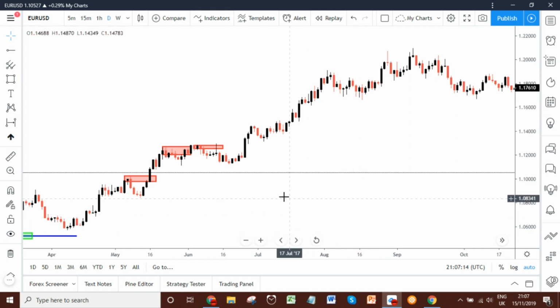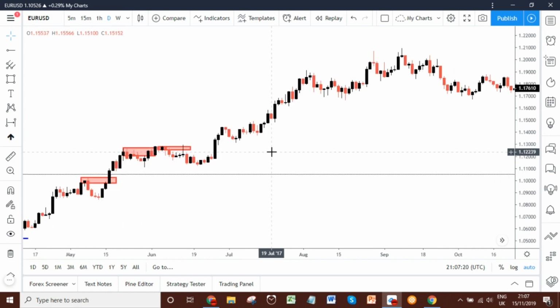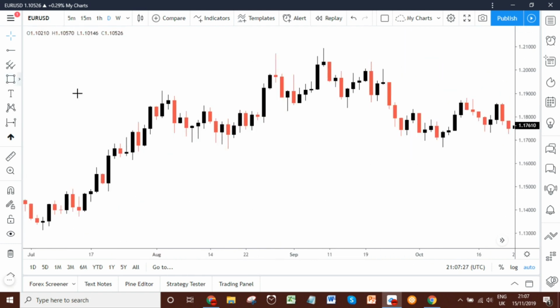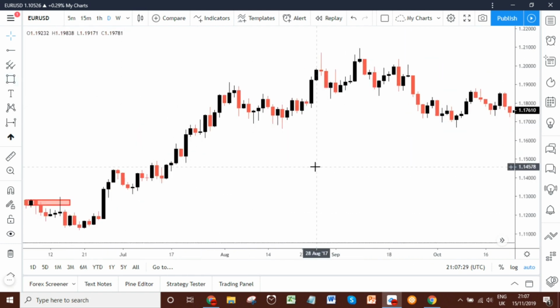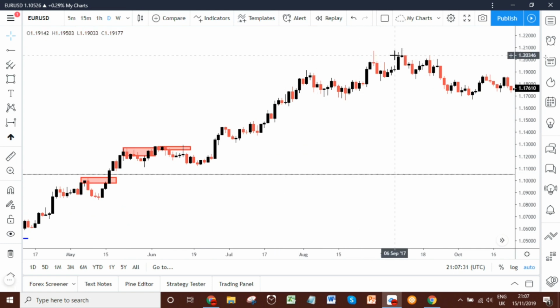Apart from that, there are no bearish engulfing candles to even give us some sort of indication that the market has potential to turn at this point, or we would even consider, until we start getting to the highs, right?